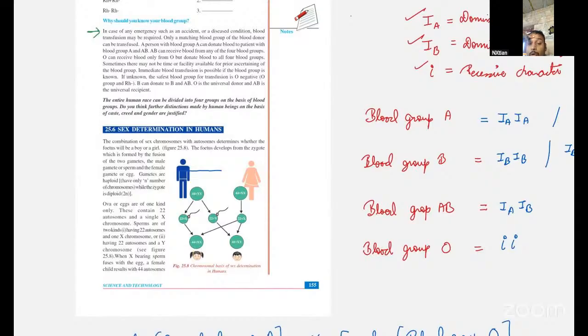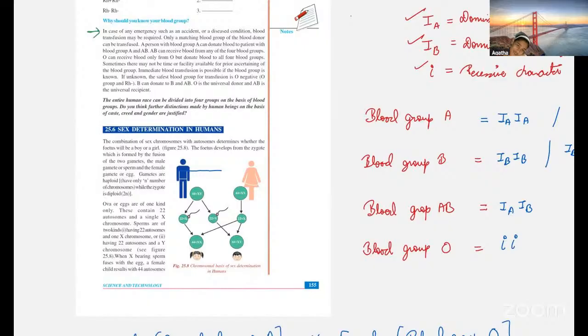So it means that O blood group is rare, like you can't give any bottle to him. If a person has A blood group, you can give O, you can give A to him. We have better chances for a person with A blood group, but O has only one chance, O only needed. Okay, that is important.